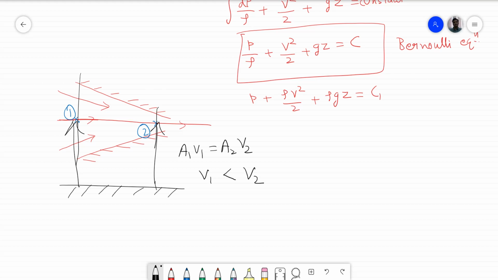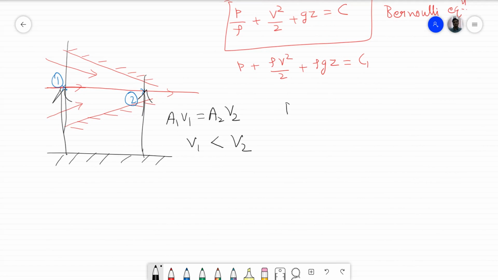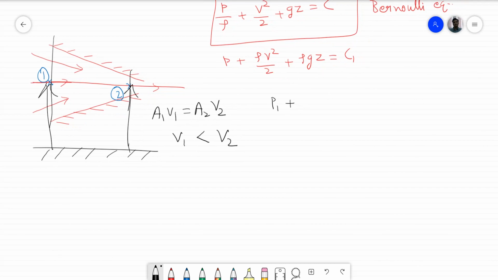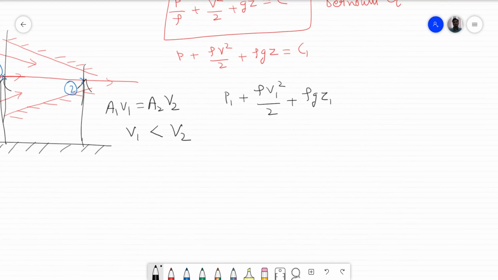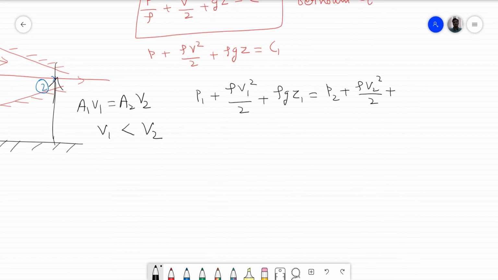Therefore, we can write P1 plus rho V1 square by 2 plus rho g Z1 is equal to P2 plus rho V2 square by 2 plus rho g Z2, and Z1 is equal to Z2, so these two cancel out.